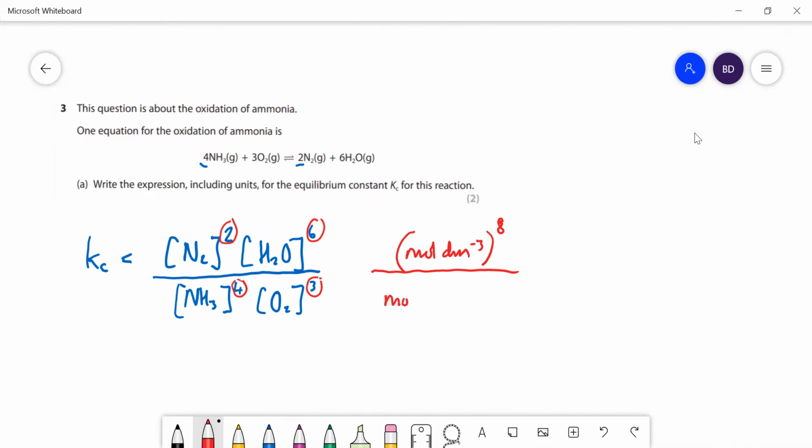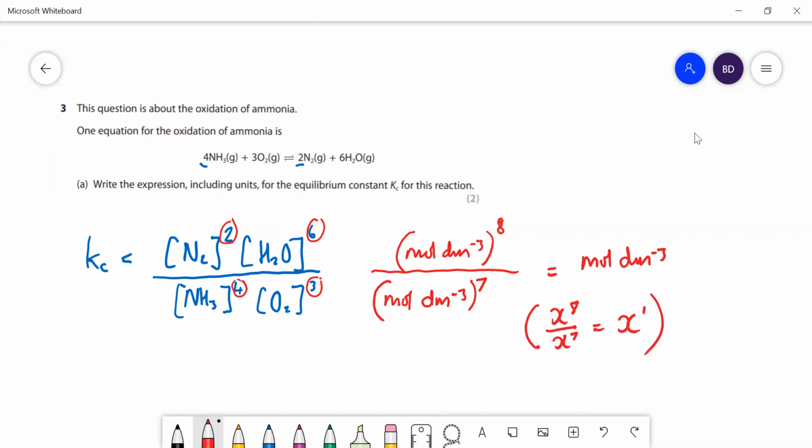So we're going to have mol dm to the minus 3, to the power of 7. That is going to simplify, of course, to moles per decimeter cubed. Just like if you had x to the power of 8 divided by x to the power of 7, that's just equal to x to the power of 1. Okay, so that's the units there.